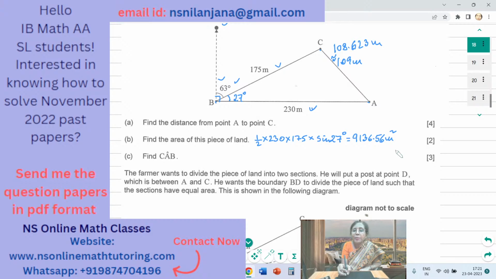Up to 3 significant figures, the third significant figure is followed by 6, which is greater than 5, so it will be 9140 meters square.